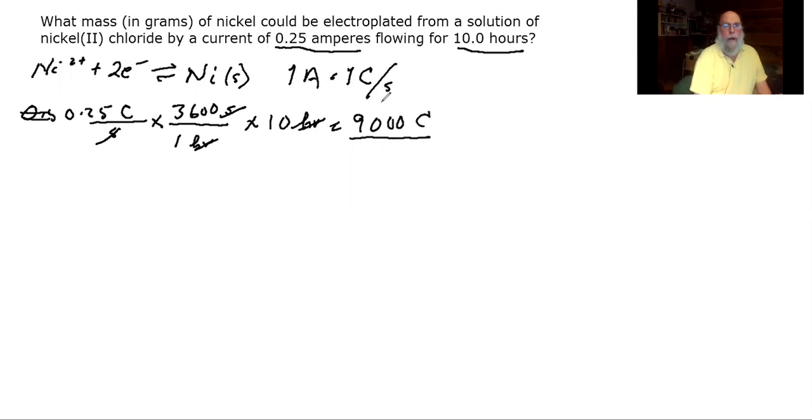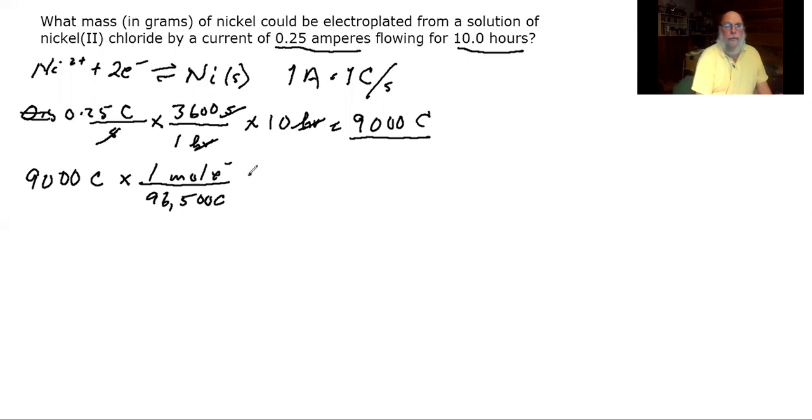All right. We now need to convert coulombs to moles. So we've got 9,000 coulombs, and we have Faraday's constant to tell us that for every 96,500 coulombs, we have 1 mole of electrons.